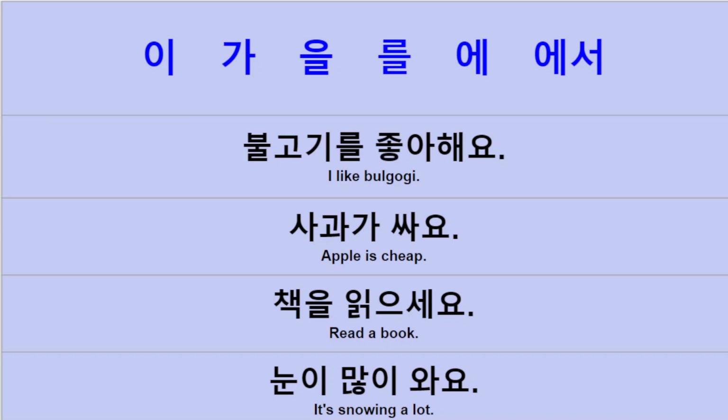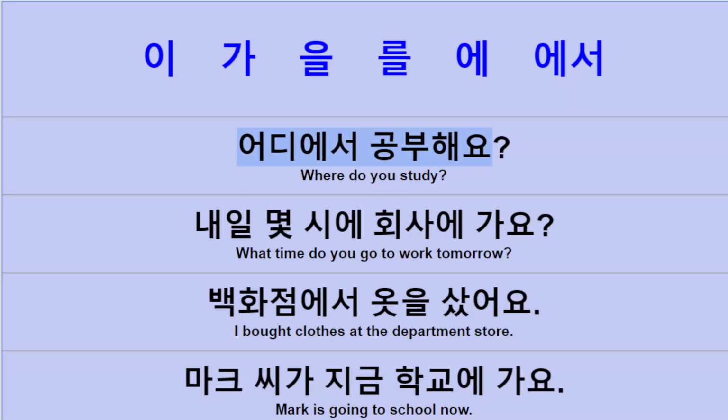네, 그럼 우리 오늘은 여기까지 해볼게요. 끝내기 전에 문장들 한 번씩 같이 읽어볼까요? 불고기를 좋아해요. 사과가 싸요. 책을 읽으세요. 눈이 많이 와요. 어디에서 공부해요? 내일 몇 시에 회사에 가요? 백화점에서 옷을 샀어요. 마크 씨가 지금 회사에 가요.